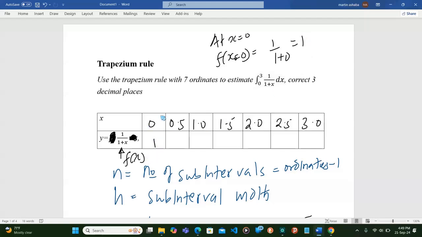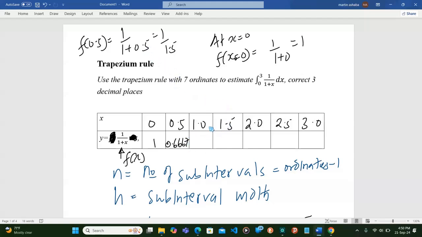What about if x is equal to 0.5? f of 0.5 is going to be 1 out of 1 plus 0.5. This is 1 out of 1.5, and my answer here is 0.6667. Okay? So what if I have 1?